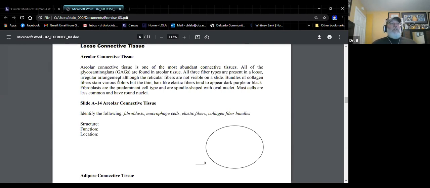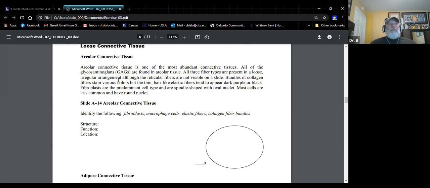We'll also find areolar connective tissue in the basement membrane, attaching a lot of epithelial tissues to underlying tissues. So it's found all over the body, and in a high amount because of what its job is. Its primary job is to bind things together. We're attaching epithelial tissue to underlying connective tissue, and one type of connective tissue to underlying muscle tissue.